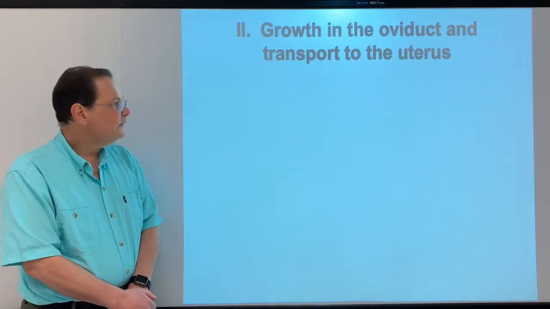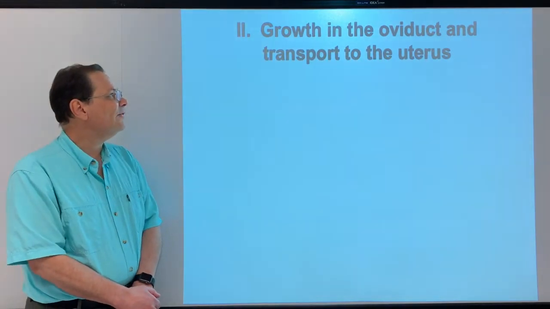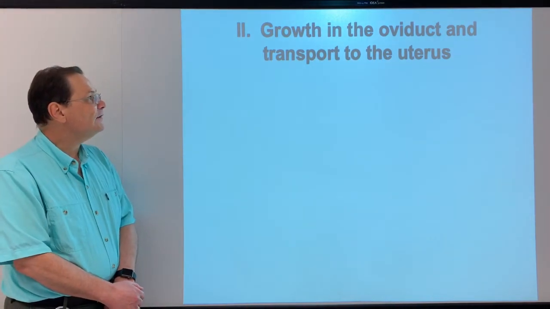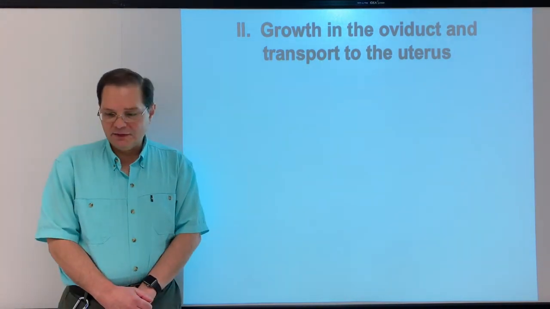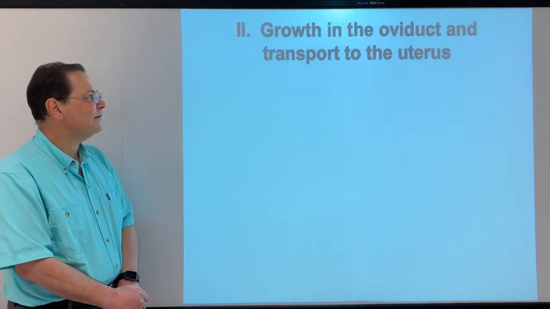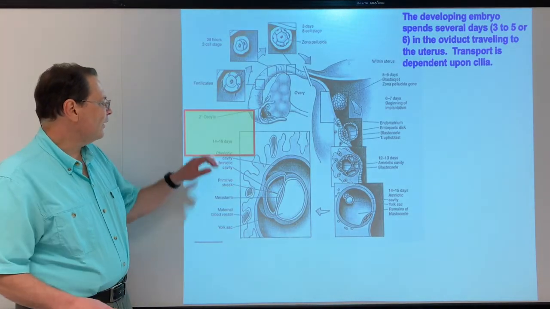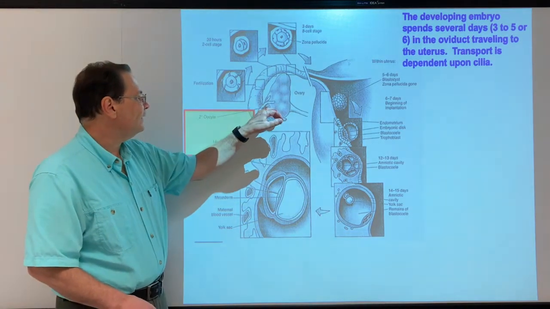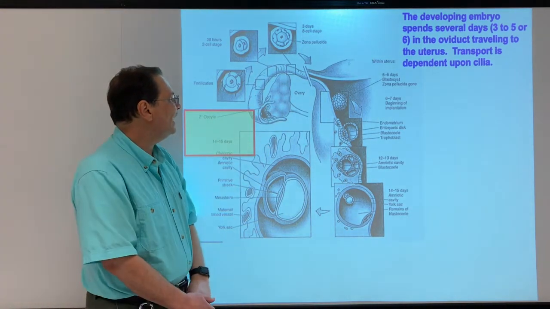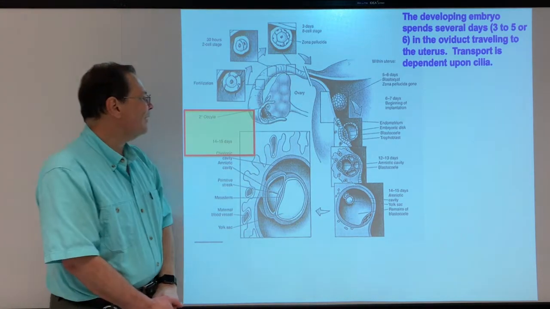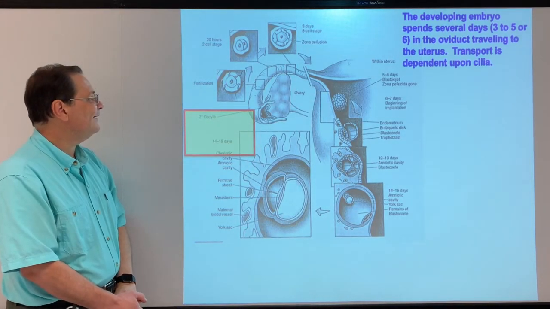Okay, so let's talk a little bit about how that results in growth in the oviduct and transport to the uterus. And I would expect embryology will cover this perhaps in a bit more depth, but generally speaking, here's our oocyte here, and we have the ovary here, and the oocyte is expelled through ovulation into the oviduct at day 0.